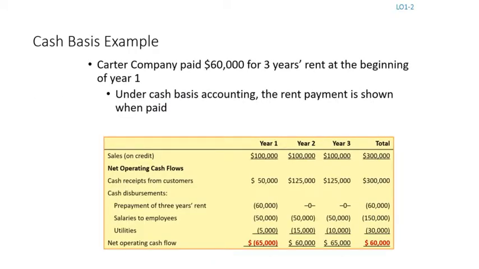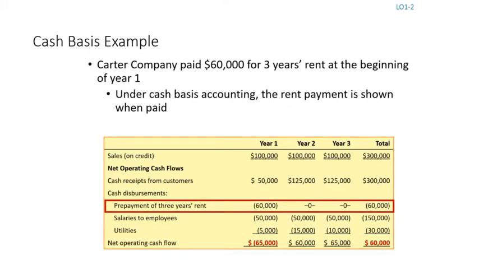So you can see that this is the cash basis one. We have year 1, 2, 3 and total. We have recorded sales revenue, 100,000 each year for years 1, 2 and 3, and cash receipts from customers of 50,000 this year.